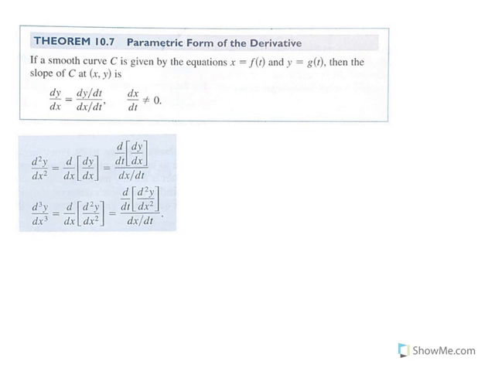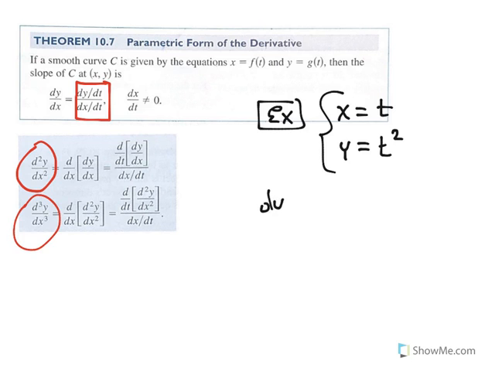And here we have how to find higher order derivatives, such as the second derivative or the third derivative. So what you do is you need to find the first derivative using theorem 10.7, and then after you find the first derivative, you can find the second derivative as follows.